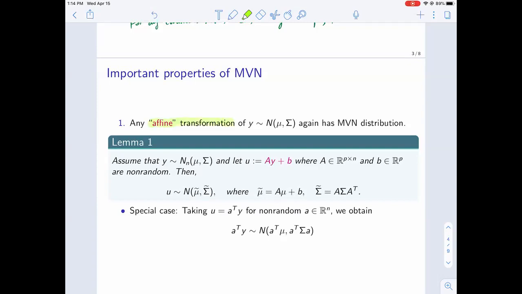It's any transformation that looks like this: you take a matrix A and a constant b, multiply y by A, and then add b. Mathematically, these are called affine transformations. The difference with a linear transformation is b. If b is 0, then it's also a linear transformation.